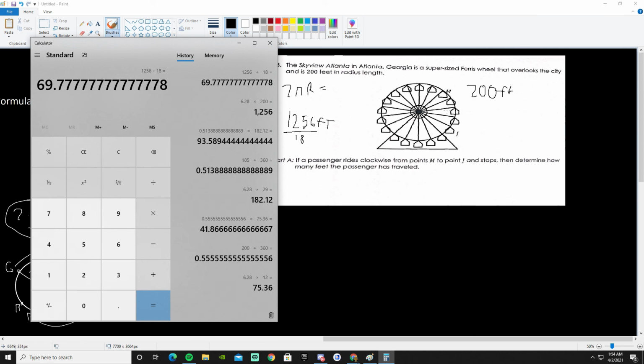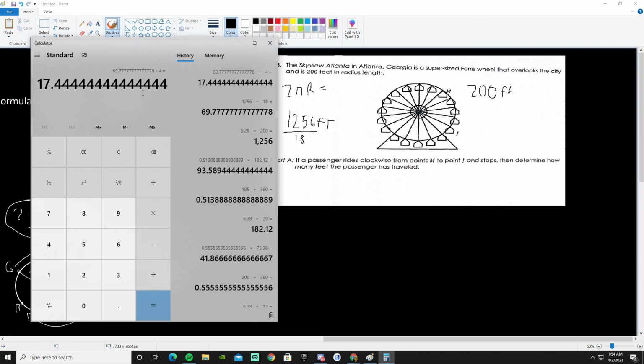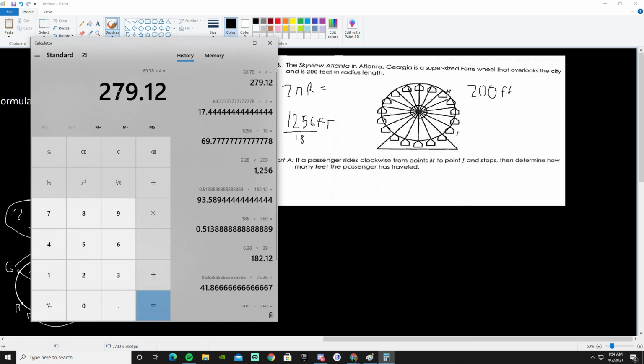So if M is here and they're 1 apart, 2 apart, 3 apart, 4 apart, it would be multiplied by 4. 69.78 times 4 is 279.12 feet. This is my guess. I'm not really sure.